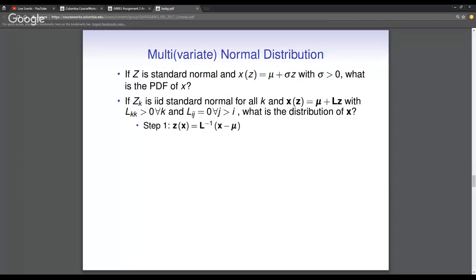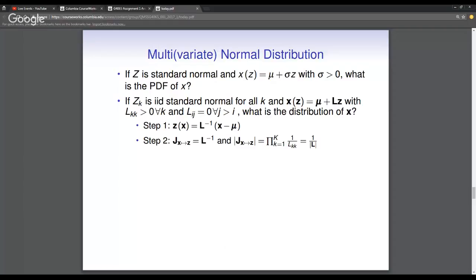So we got step one, L inverse times the quantity x minus mu. Step two, we need to figure out what all those partial derivatives are. You may not have done that much multivariate calculus, but if you had to take a guess what the derivative matrix of z is with respect to x, if z is equal to L inverse times x minus mu, it's pretty much the same thing as in the scalar case: L inverse.